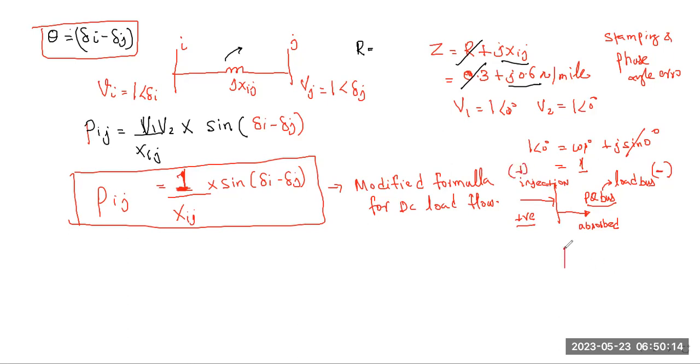I can explain this. See, you have a voltage source and a resistance, and your connection is like this. From the voltage source, the current is moving like this.